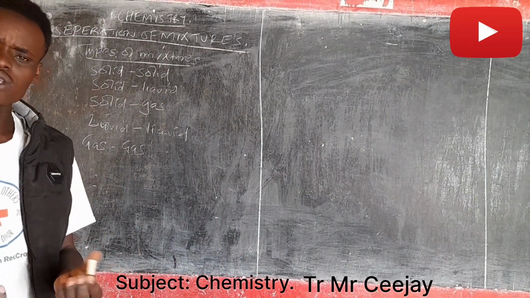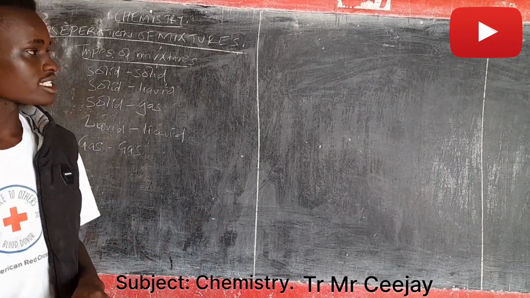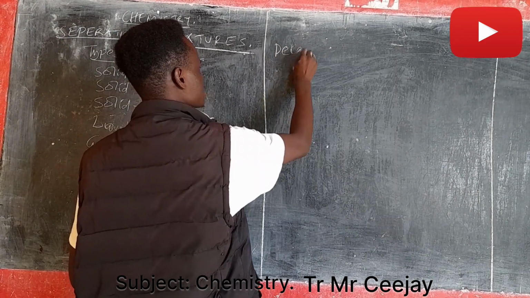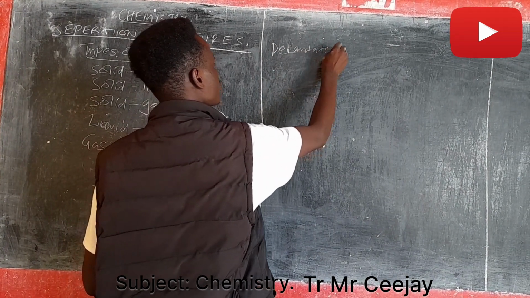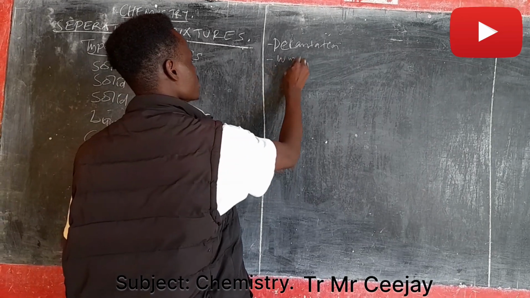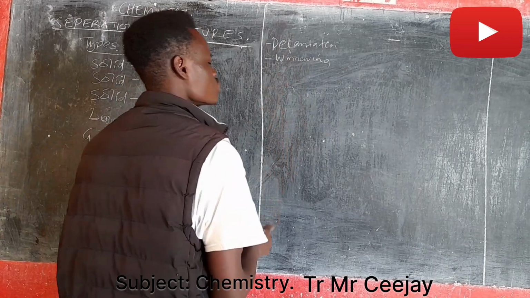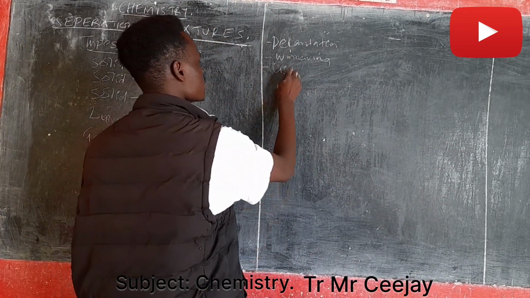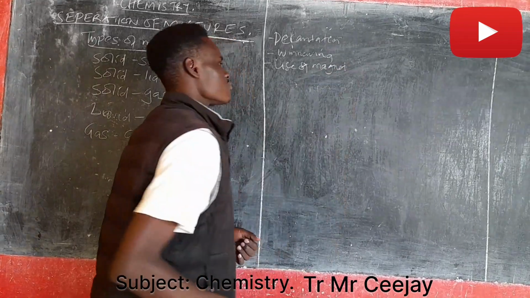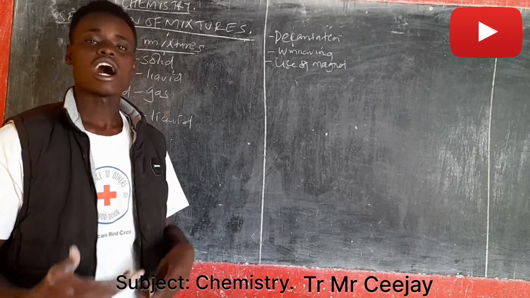Just to mention, as we prepare for the next lessons, we have decantation as one way of separating mixtures. We have winnowing. Also, we have use of a magnet. Say you have iron filings and sand.